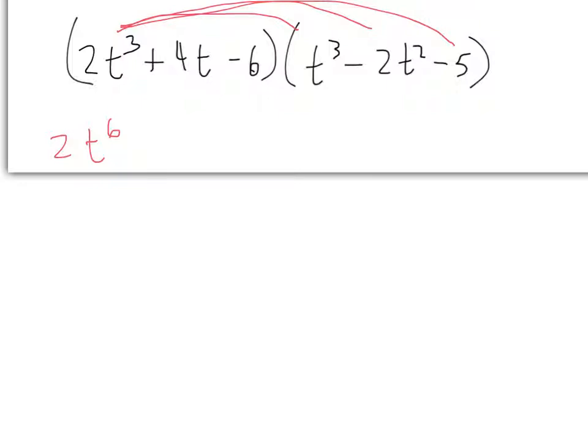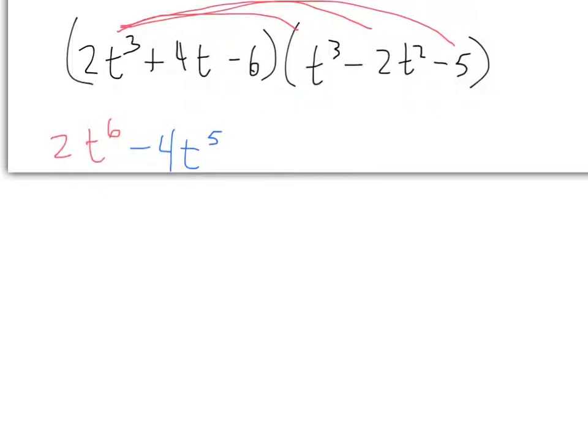Next, 2t cubed times negative 2t to the 2nd. 2 times negative 2, do that part first. What do you get from that? Negative 4. Then t cubed times t to the 2nd, t to the 5th.